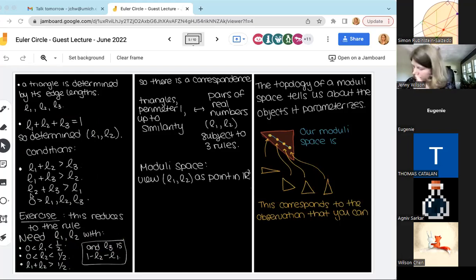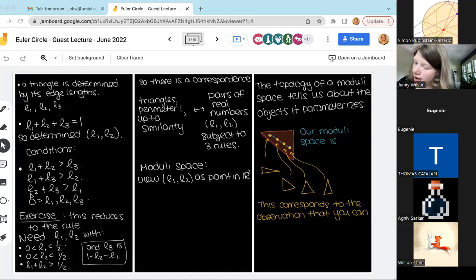And so, great. So now we have this correspondence. We have a bijection between triangles of perimeter 1 up to similarity with labeled edges. That set of triangles is in bijection with ordered pairs of real numbers, L1, L2, subject to those 3 conditions we just wrote down.